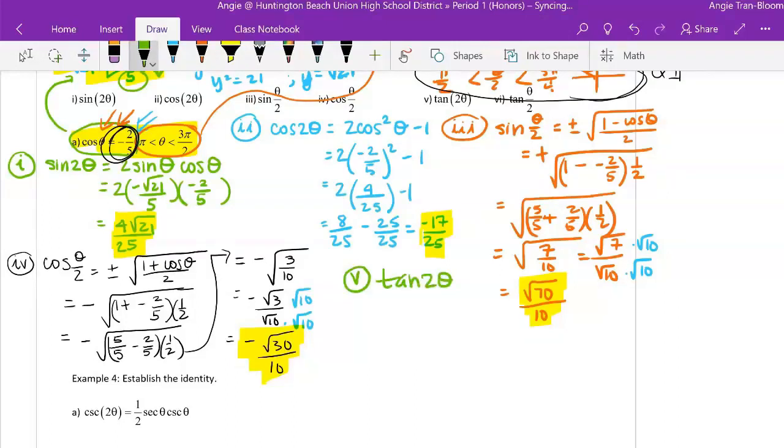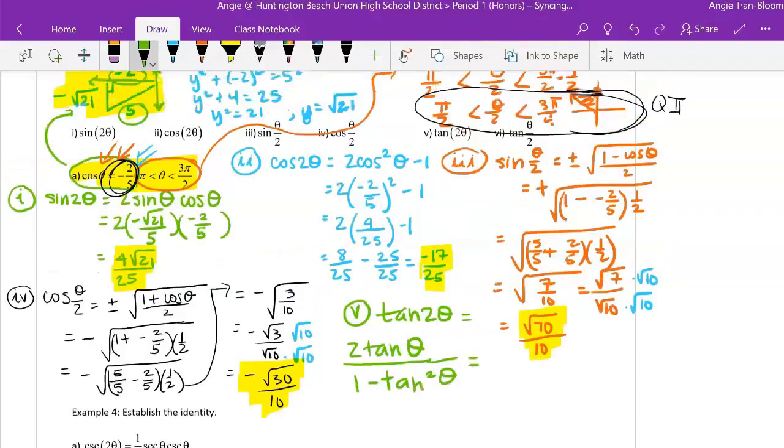For this tangent of a double, I'm using this identity. I'm using 2 tangent of theta all over 1 minus tangent square of theta, okay? So from here, I'm going to slowly find out what tangent is. So work with me, okay?